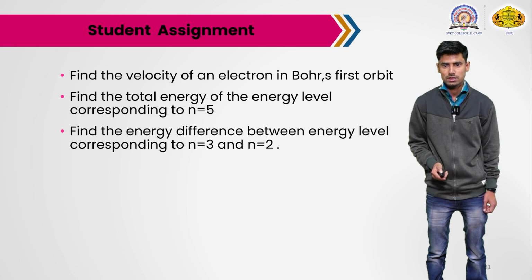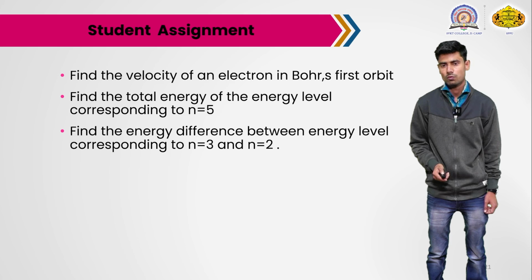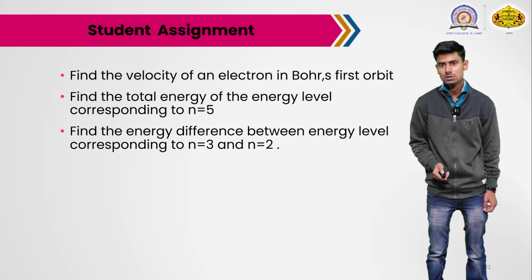Now for this lecture, students have some assignments to solve. First, find the velocity of the electron in Bohr's first orbit. You just have to put n equals 1 in the formula for the velocity in the nth Bohr orbit, which is Ze square by 2 epsilon 0 nh.